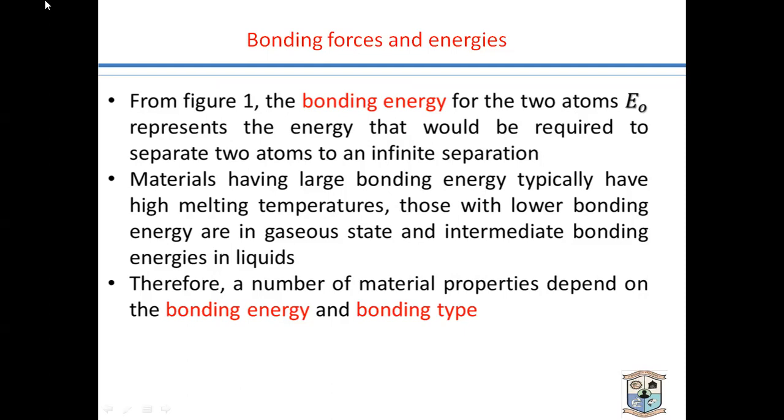So basically, I think the logic behind this is that if it takes so much energy to make a bond, then it should require just as much energy to separate it. And therefore, a number of material properties depend on bonding energy and bonding type. Where a bond takes up so much energy, it means that bond is strong enough. It's able to withstand temperatures and only breaks after you heat it for so long.